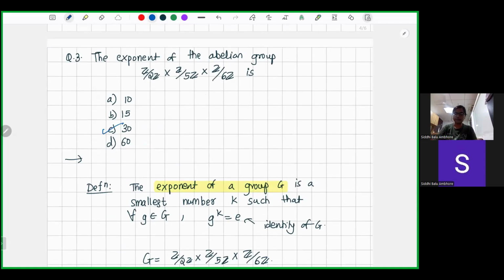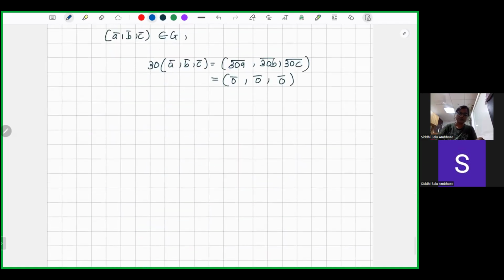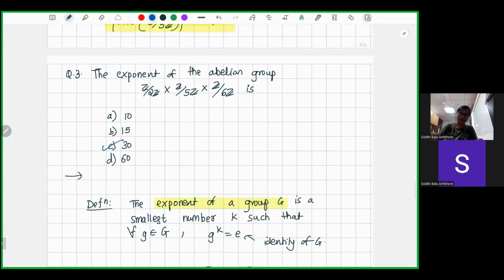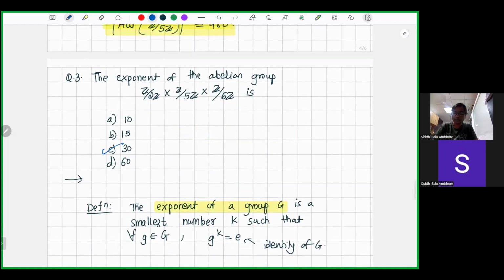Note that 15 won't help, and 10 won't help, because if I take the element 1 bar, 1 bar, 1 bar in G and multiply by 10, I get 10 bar, which is not 0.